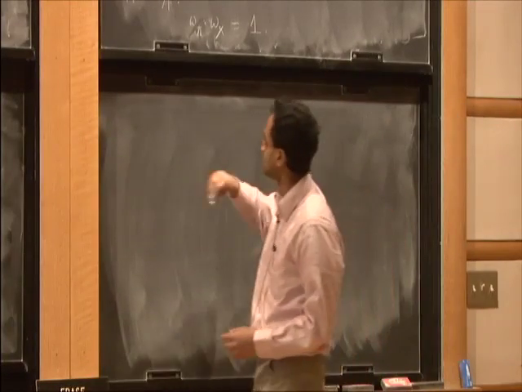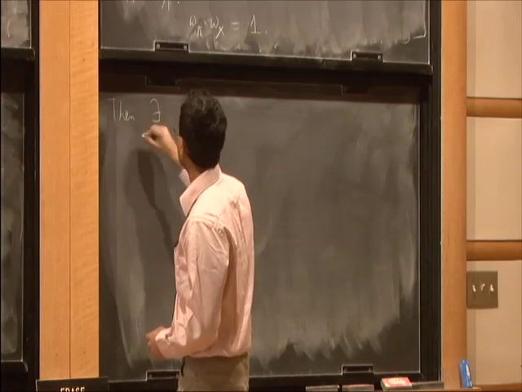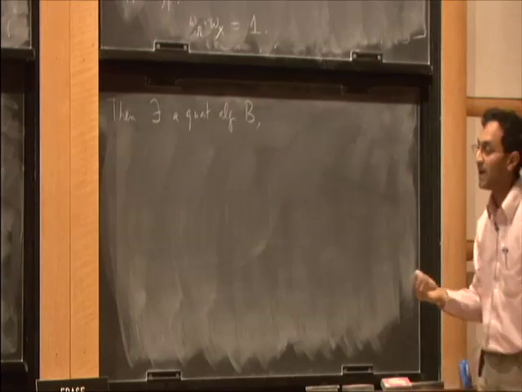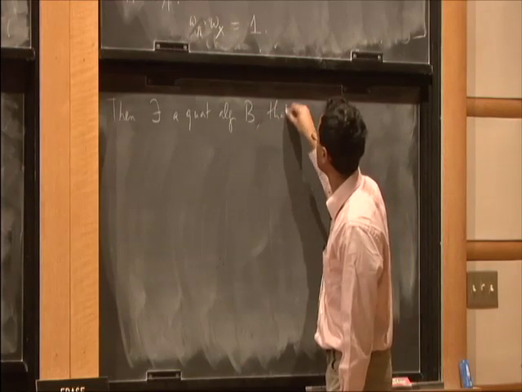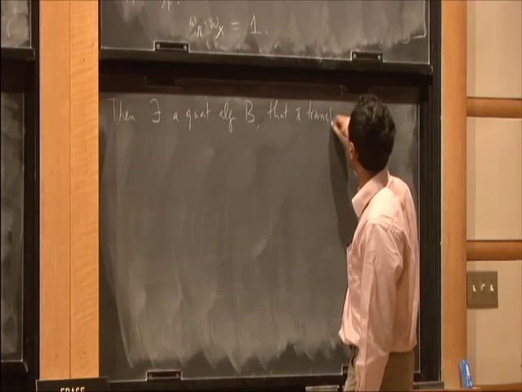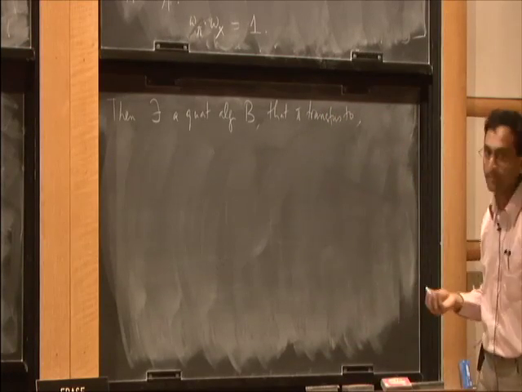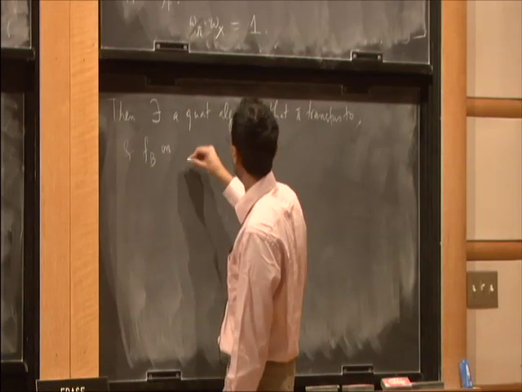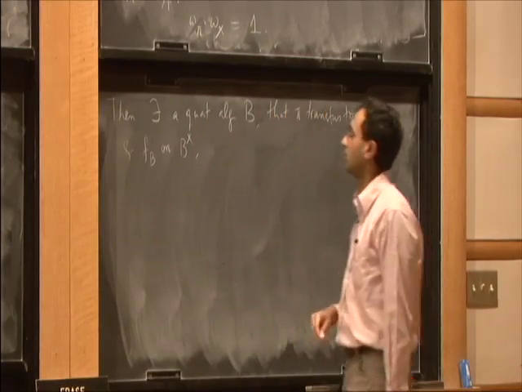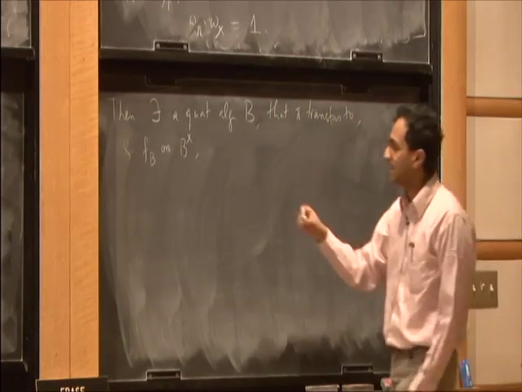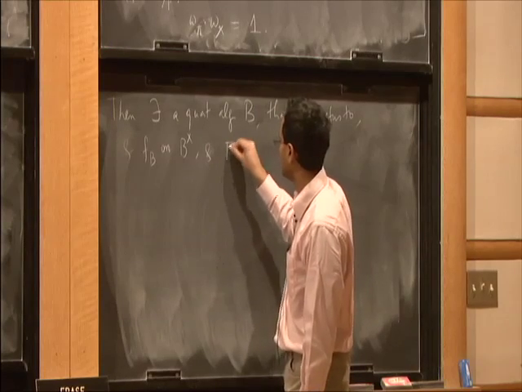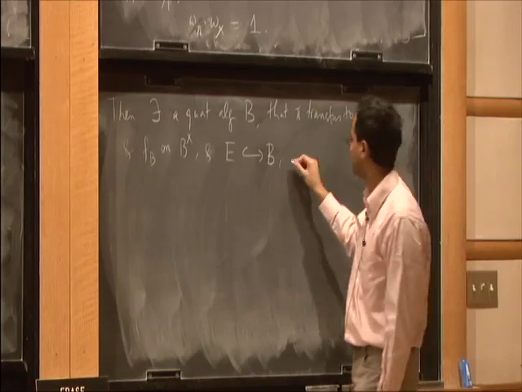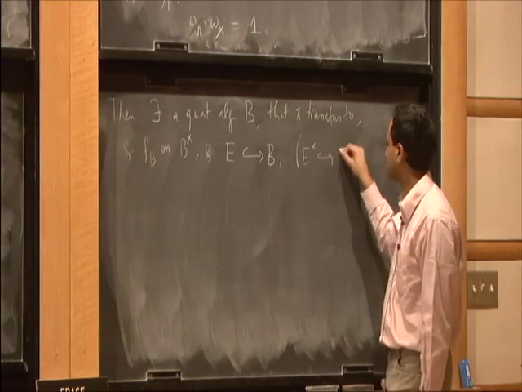Then the theorem of Tunnell-Saito and Waldspurger says the following, that there exists a quaternion algebra B that pi transfers to, and a form f sub B on B cross, and an embedding of E in B, such that E cross embeds in B cross.